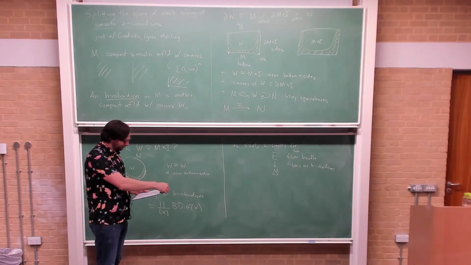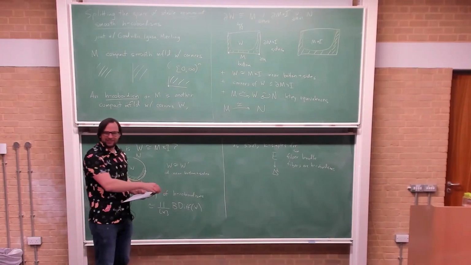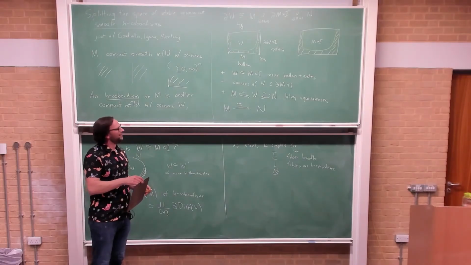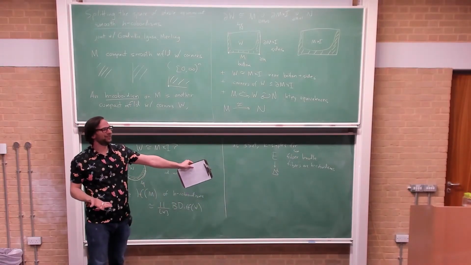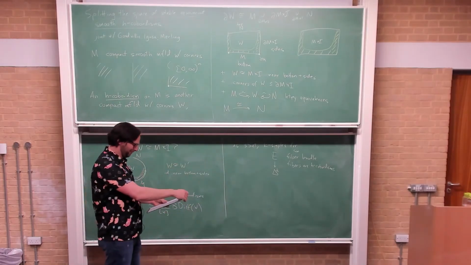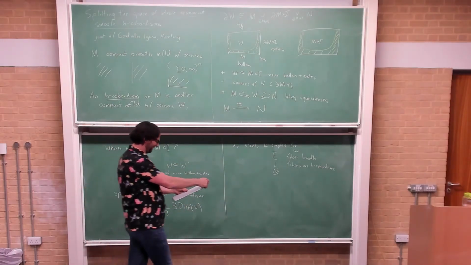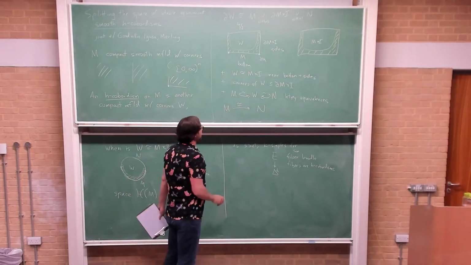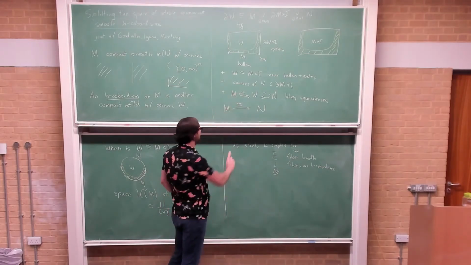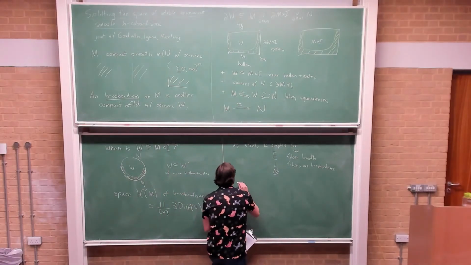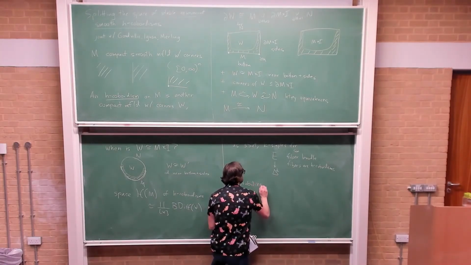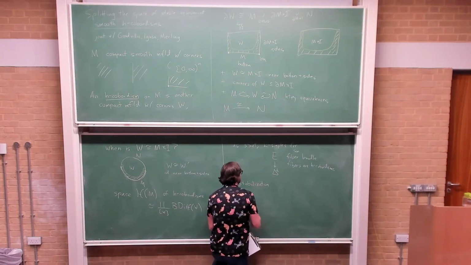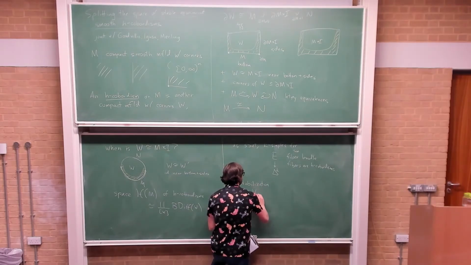I'm going into a little bit more detail on this because this isn't quite homotopy theory. This is differential topology at this point. But don't worry, it'll turn into homotopy theory soon. Okay, so that's the simplicial set. And we also have the stabilization map. This is where the stable homotopy theory implicitly comes in.